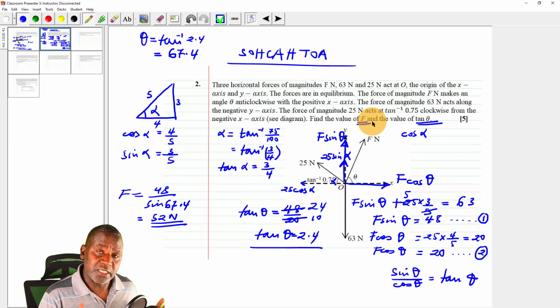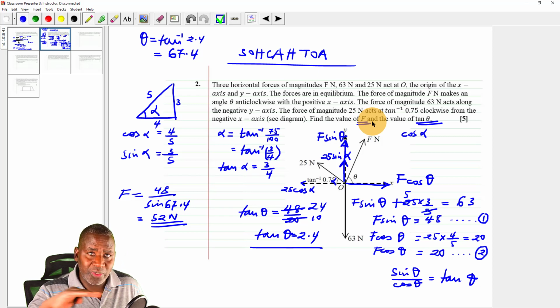Notice the starting point. The starting point is where I'm told that the forces are in equilibrium. And the moment I'm told that, I know that if I resolve the forces in such a way that all the components are perpendicular to each other, then I can resolve in one direction and get 0, resolve in the other direction which is perpendicular to the previous direction and also get 0.